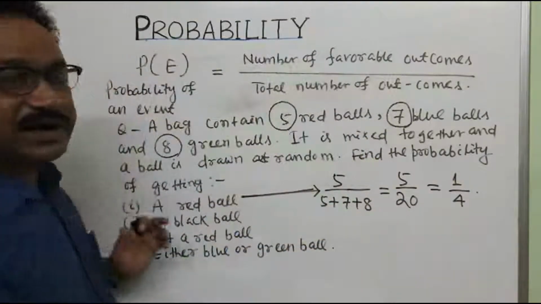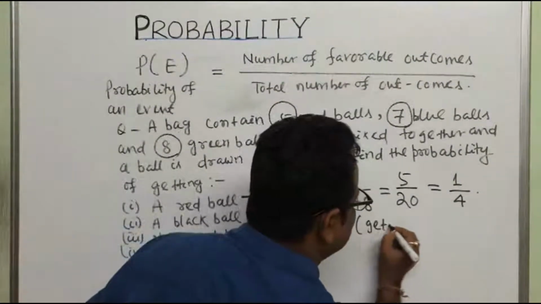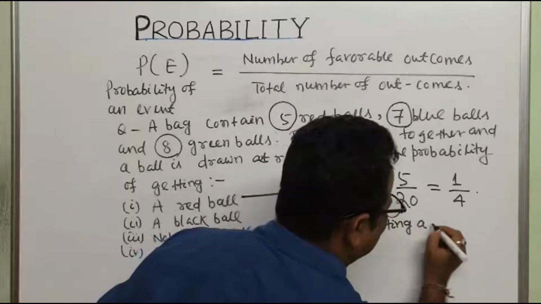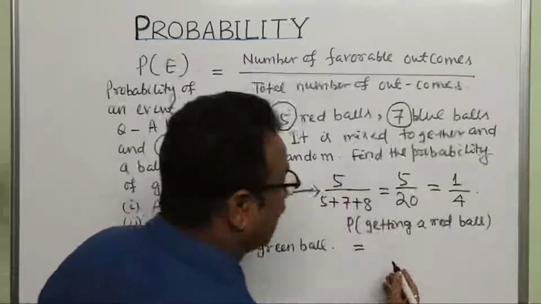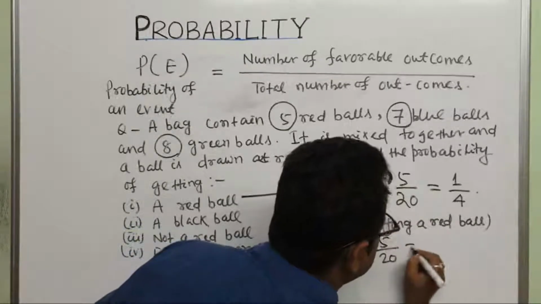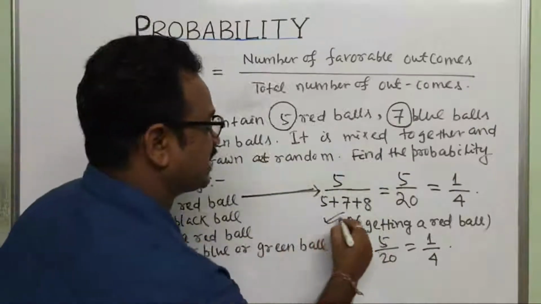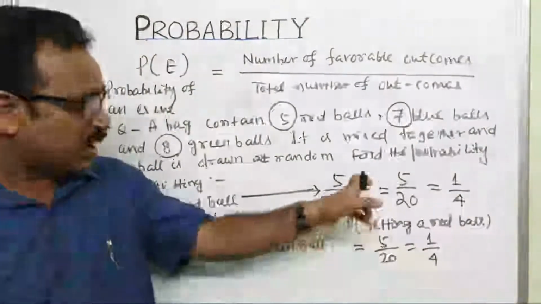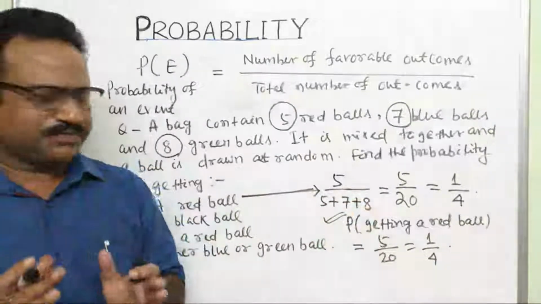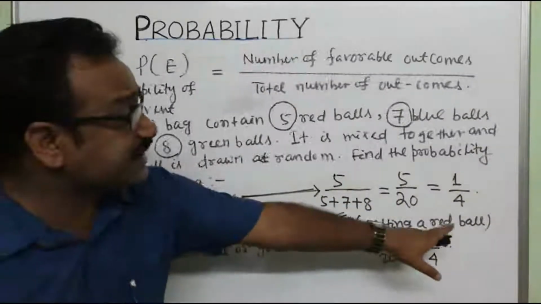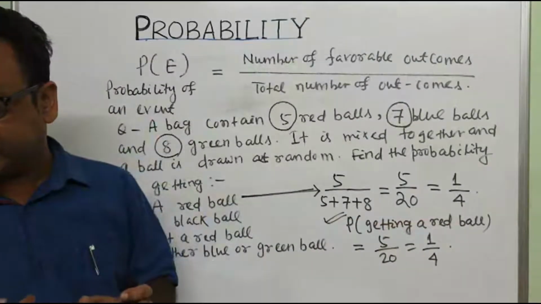So the probability of getting a red ball is equal to 5 by 20, which is 1 by 4. You will write it like this. This is for explanation of how to find the total number of outcomes. So the probability of getting a red ball, or you can directly write P(E), is 1 by 4.